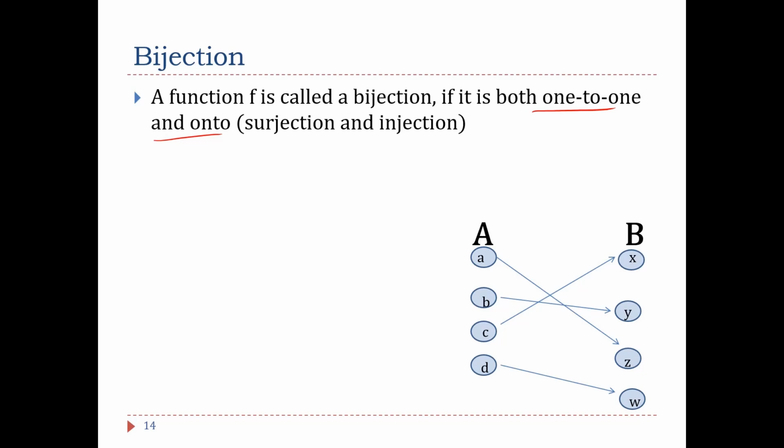Even if we spread the elements of B a little bit, but all in all, we have 4 elements here and 4 elements there. Okay, so if you add 1 element here in B, then you risk ending up having a non-surjective function, because there is a certain element in B that has no preimages in this case. If you add 1 element in A, then if you keep it without an image in B, then you end up having a mapping that is not a function in the first place.